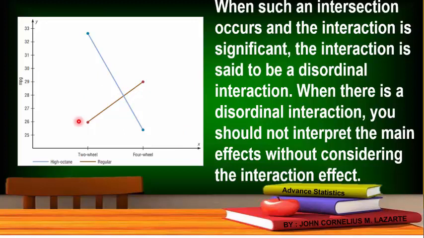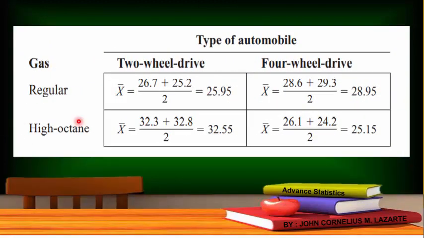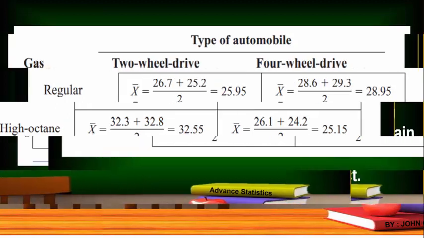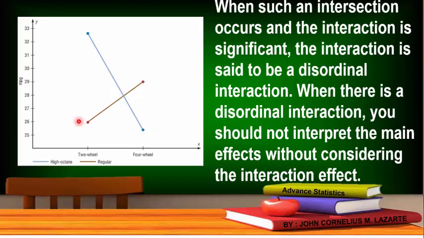As we plot what is given here in the chart based on our previous problem or case, we got a disordinal interaction. And when there is a disordinal interaction, we cannot interpret the main effect without considering the interaction effect. But this is not the only case.